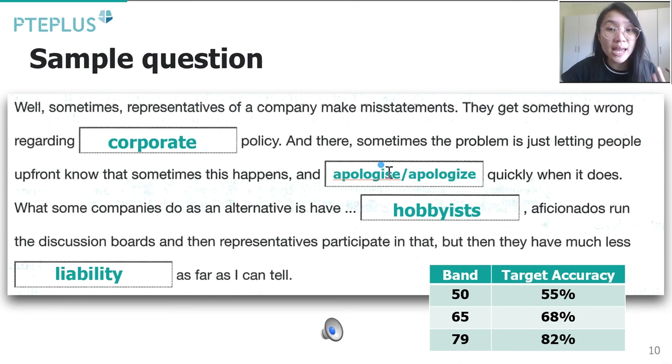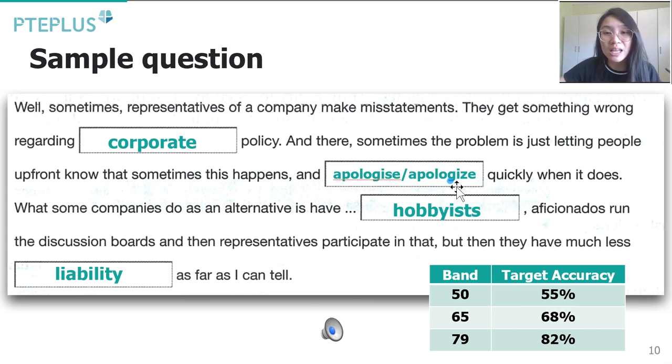With an S, this one is the British spelling, and with a Z, that is the American way of spelling. In this question, it's fine regardless of whichever one you choose, because corporate, hobbyist, and liability, these three words are spelled the same regardless of British or American. So it would all be consistent regardless.